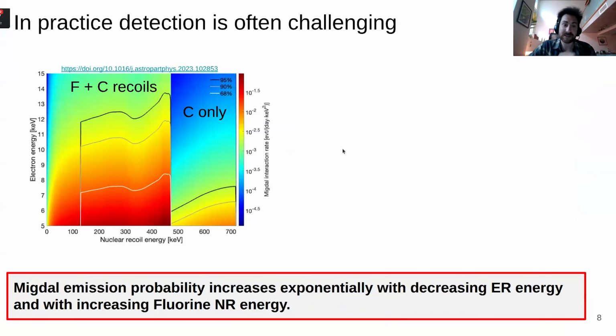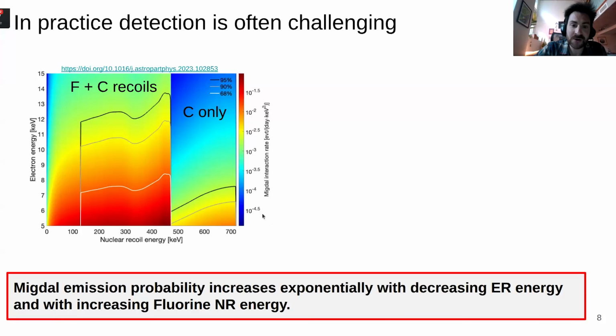This ties in nicely to this plot here. What this plot is showing is the theoretical Migdal emission rate. You can think of this as the Migdal interaction probability. That's the color scale, jointly as a function of the emitted electron energy and the nuclear recoil energy.